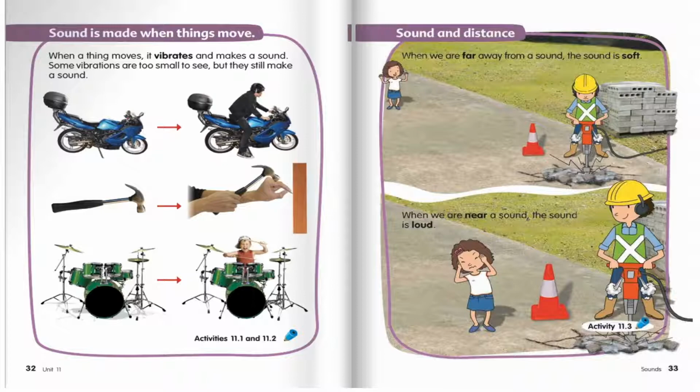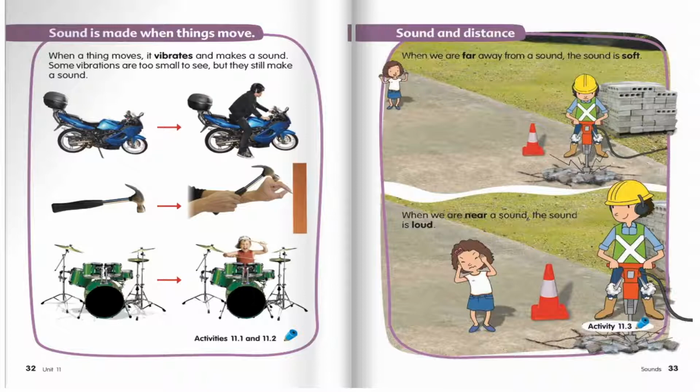Remember, if you are in your room and you listen to a motorcycle that is far away, you listen to the motorcycle in a soft way. But when the motorcycle is very close to where you are, to your house, for example, the sound of the motorcycle is very loud. So that means that the sound source is closer to you who are listening to this sound, and the sound is louder.